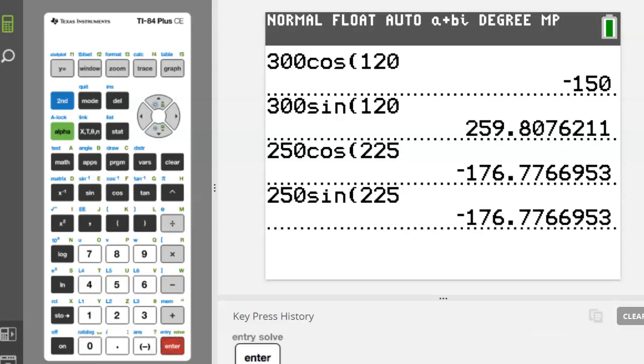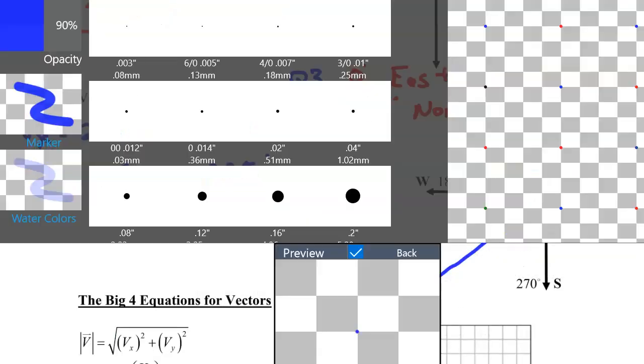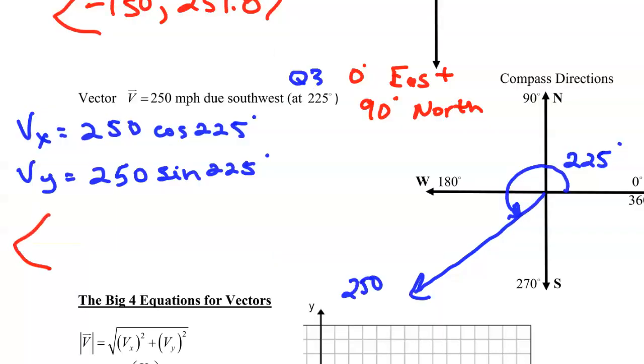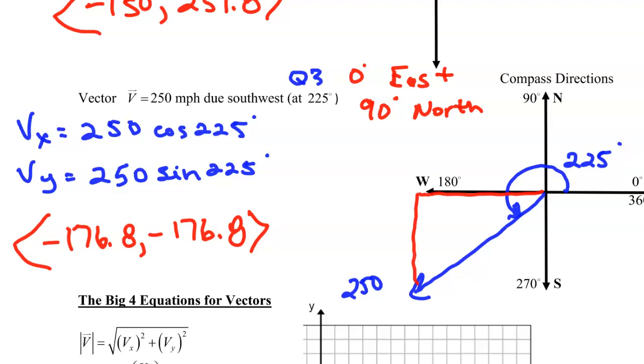I should get the same, 225 degrees, like a 45-degree angle. And I get my result as negative 176.8, negative 176.8. If I do this out, negative 176.8 and negative 176.8. And if you notice, my vector has two negative x and y's. That is quadrant 3.